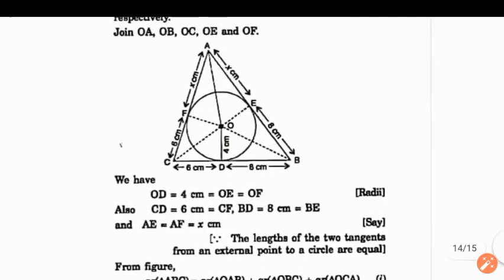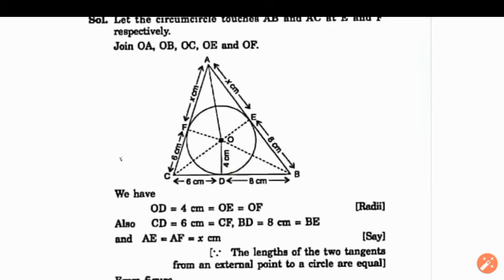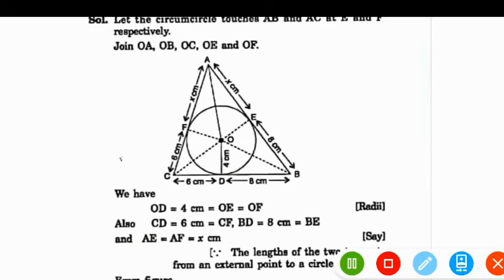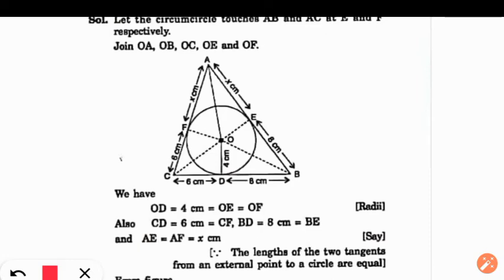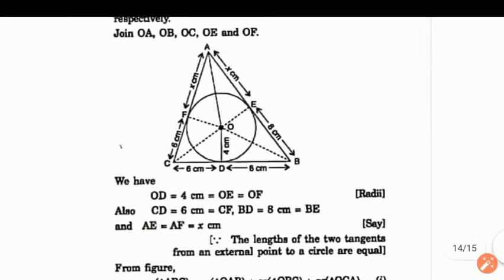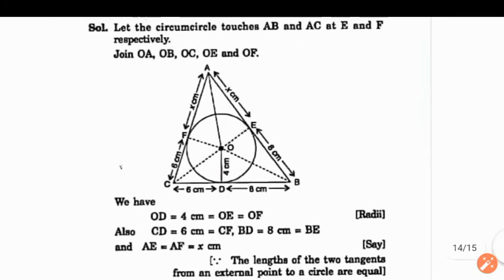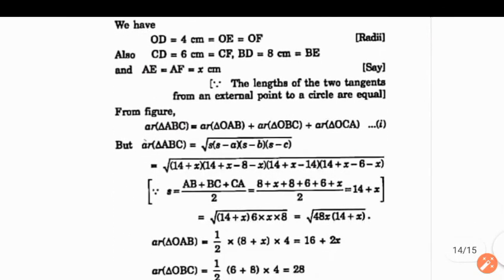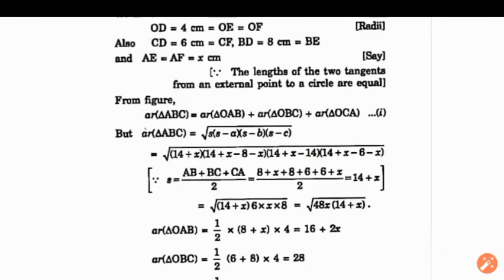Now, if I want to find the area of triangle ABC, can I say the area of the full triangle ABC is equal to the sum of the areas of these three triangles, triangle AOB, triangle OBC, and triangle AOC? This is what I have written here.